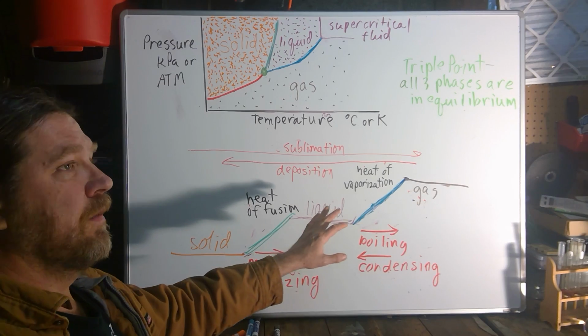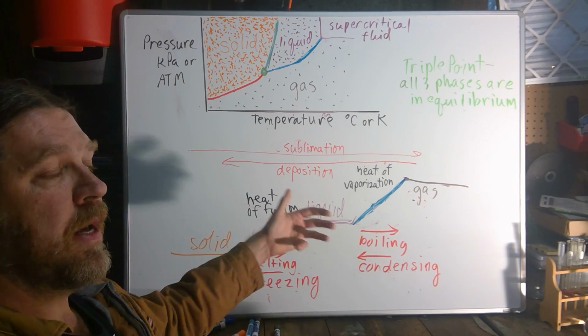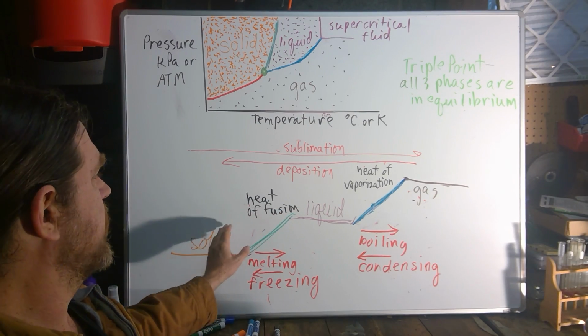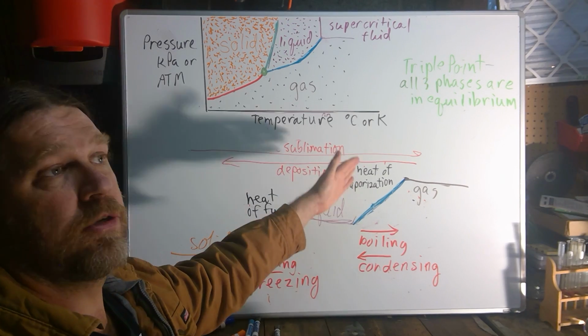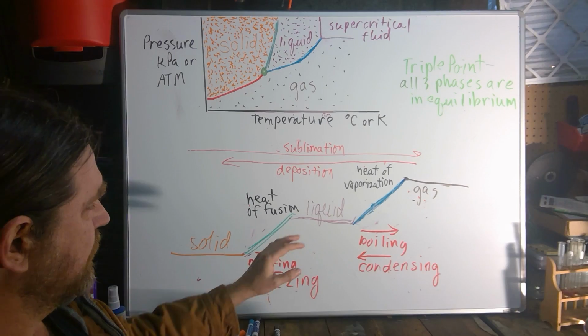And then if that liquid is going to condense into a solid, then that same amount of energy has to leave at the same clip. Whereas in this direction, we're adding energy, and in this direction, energy is leaving the system.